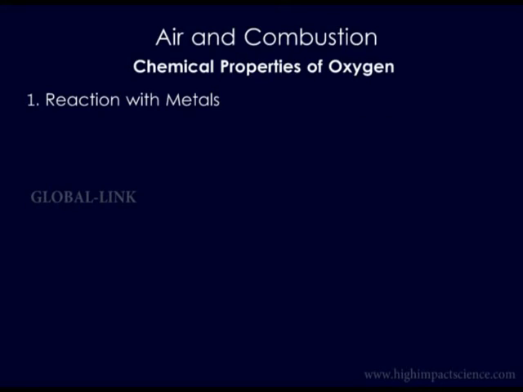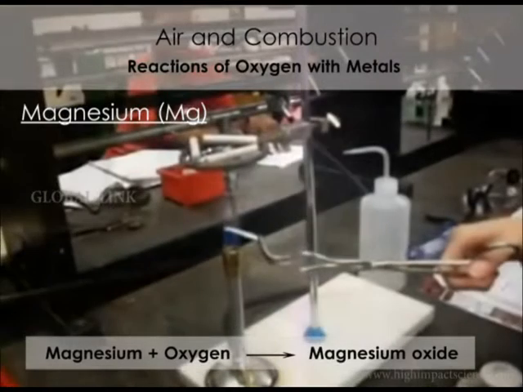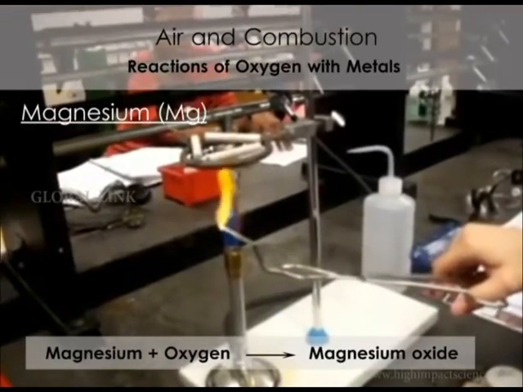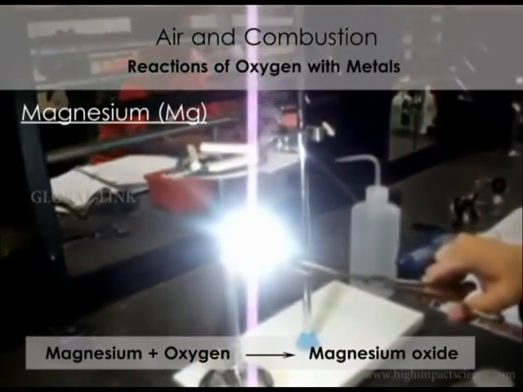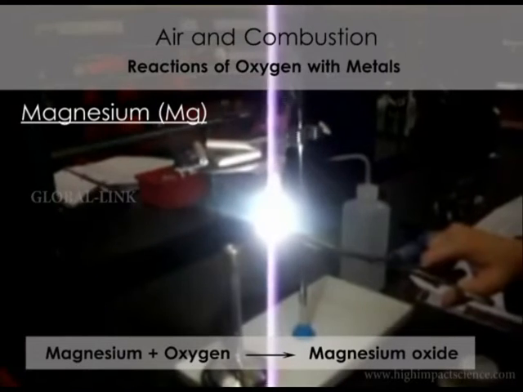Chemical properties. Burning substances. We start with metals. Metals burn in air at different rates. Magnesium burns in air with a bright white flame to form magnesium oxide.